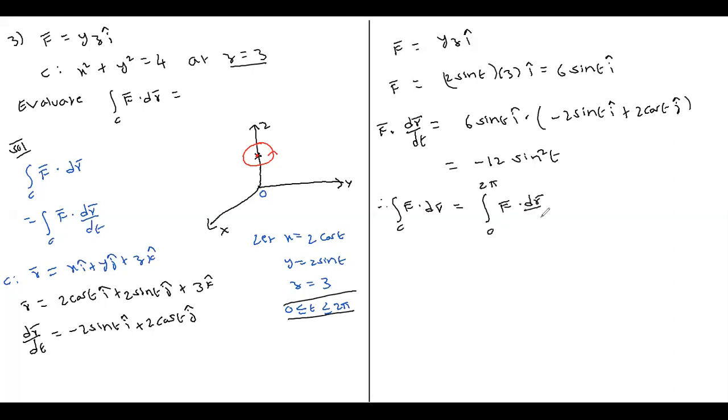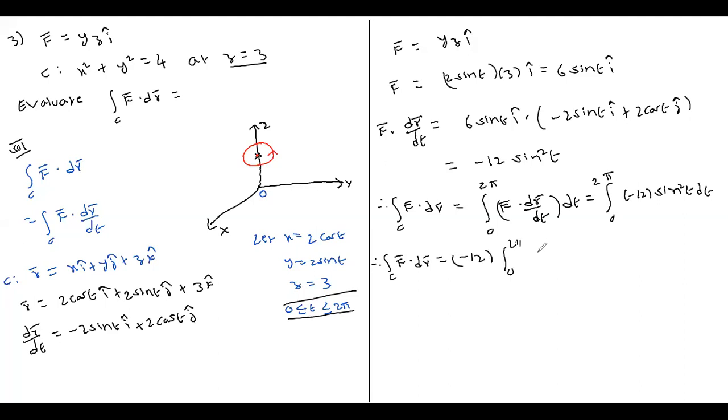Now f bar dot dr bar by dt is minus 12 sin square t dt. Therefore, integral over c f bar dot dr bar is minus 12, which can be taken out, integral from 0 to 2 pi.